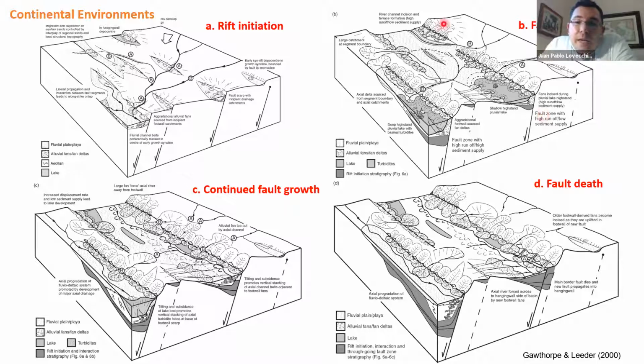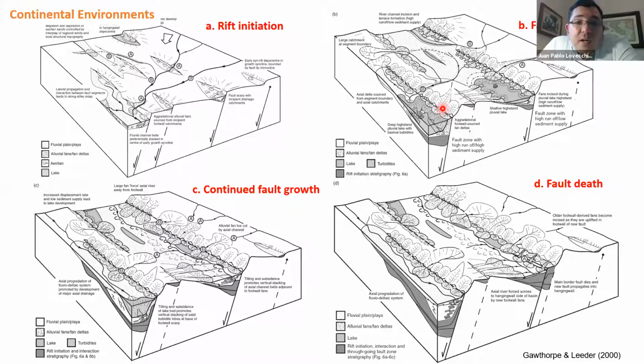We have erosion in the footwalls that are the catchment areas for the routing systems that produce this kind of deltas or alluvial fans or fan deltas, depending on if we have a lake or more like a playa lake, depending on the hydric balance.